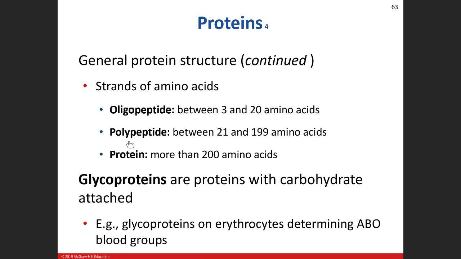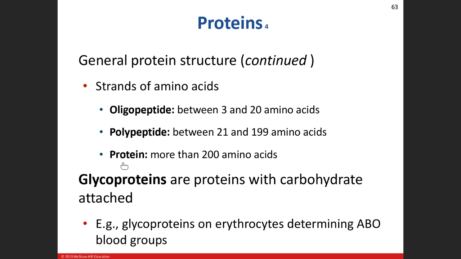We don't have a protein until we get to a value of 200 and more amino acids. Don't ask me where that number came from or who decided that. But when we get to that value of 200 and more amino acids, then we have protein.